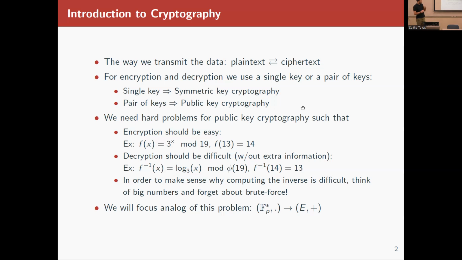I give the encryption key to everybody, and if someone wants to send me a message, a plain text, he uses this encryption key to encrypt the plain text, and since only I have the decryption key, I am the only one who can obtain the plain text.